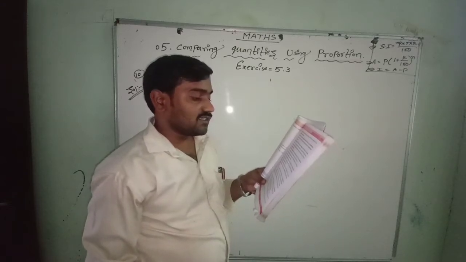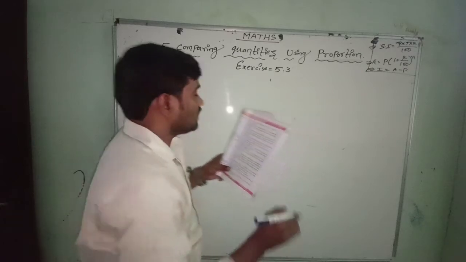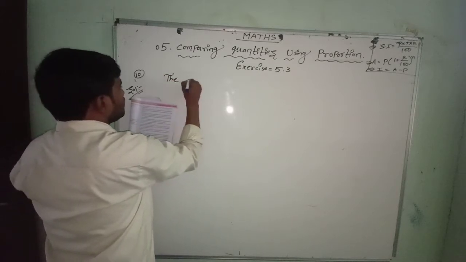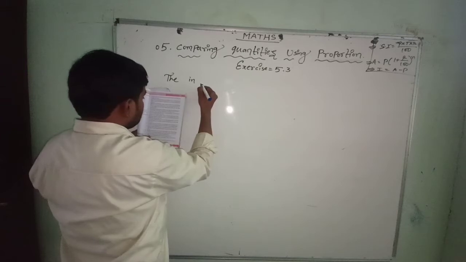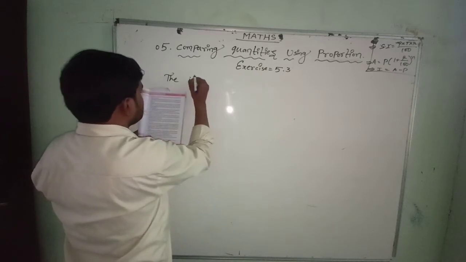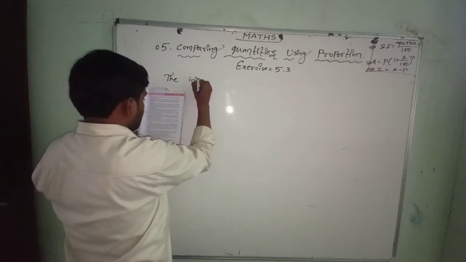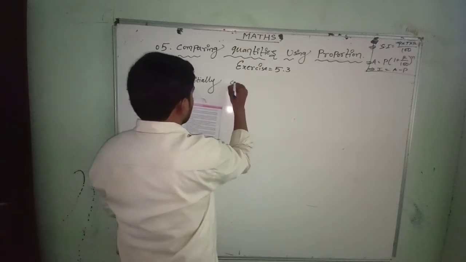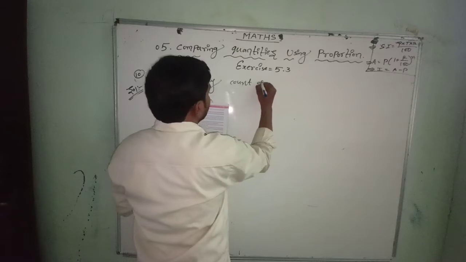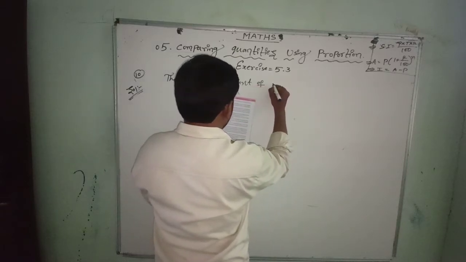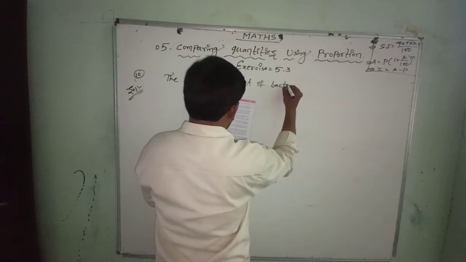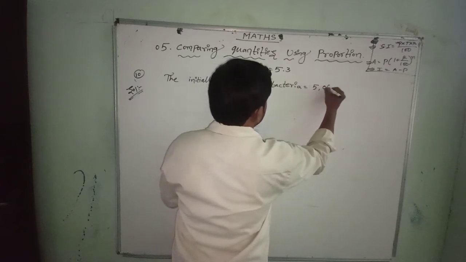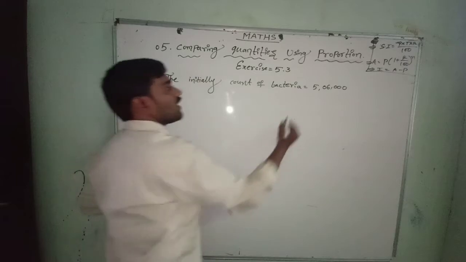Find the bacteria at the end of 2 hours if the count was initially 5,06,000. Initially, at the starting, the count of bacteria equal to 5,06,000. This you have to take as P.